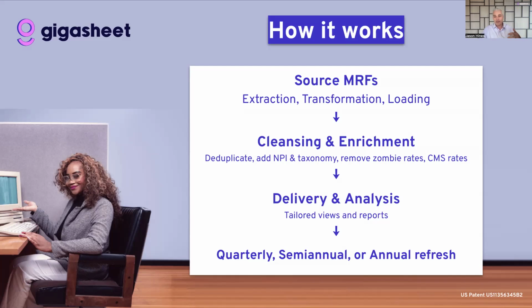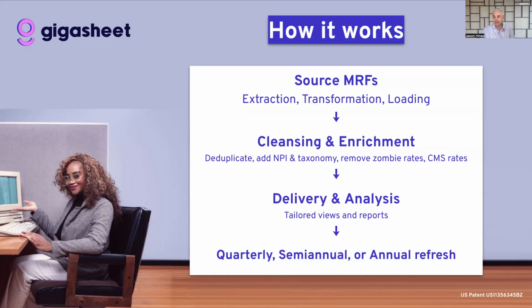But when an MRF, regardless of how the data gets into Gigasheet, it goes through a cleansing and enrichment process where we do deduplication, we enrich it with NPI and taxonomy details, and then remove zombie rates. We also often will layer in Medicare reimbursement rates that are regionally adjusted based on geography.